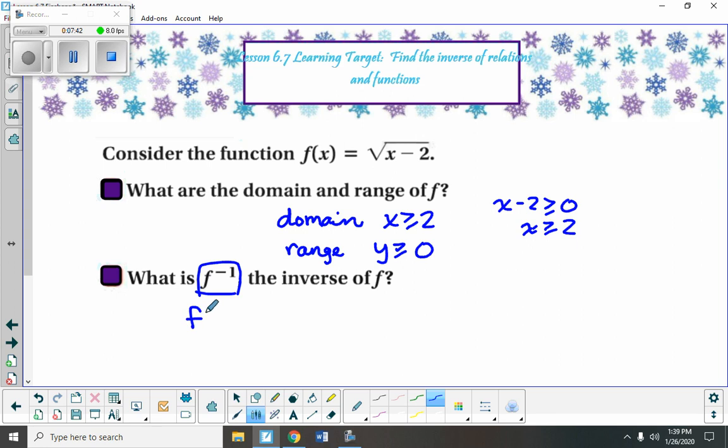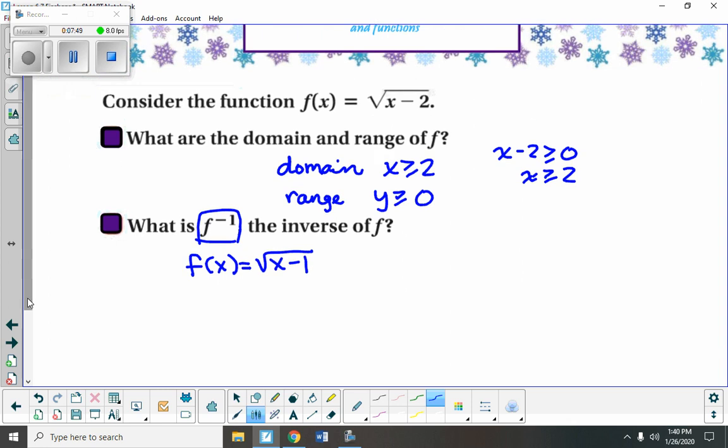So the function f of x equals the square root of x minus 2. If we're going to find the inverse, remember what I said the steps were? First, switch the x and the y. Well, remember f of x, that's like a y, so let's put a y there. All right, so to find the inverse, let's switch the x and the y. And now how do we solve for y? Well, we're going to have to square both sides.